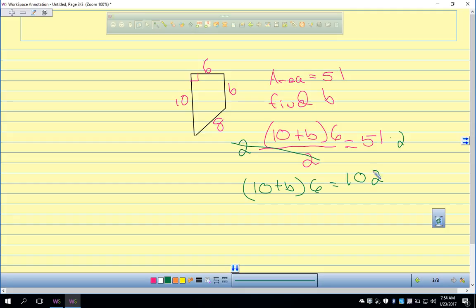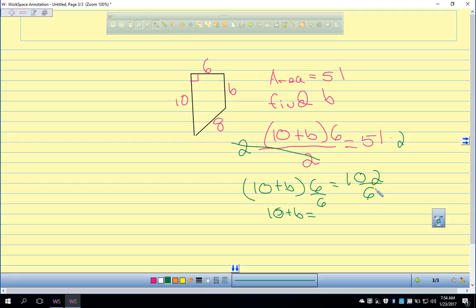I wouldn't distribute. I just divide by 6. You could distribute, but I would just divide both sides by 6 because you're allowed to do that. And 6 goes in there, doesn't it? 10 plus B equals 40? 40 what? 10 times 6.